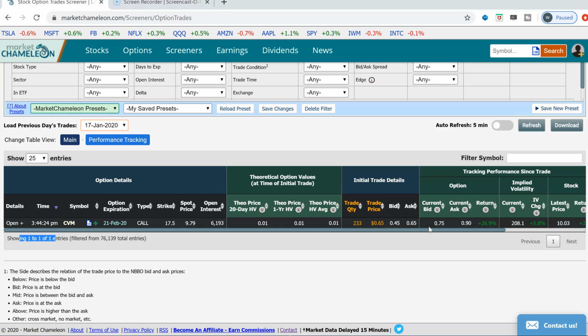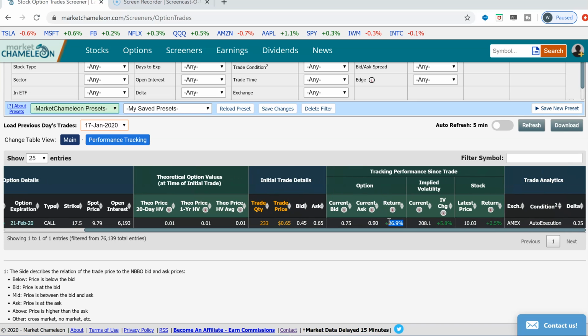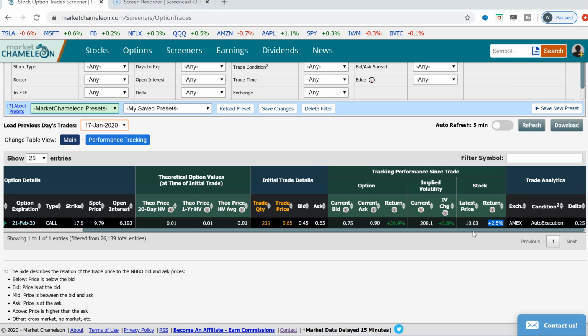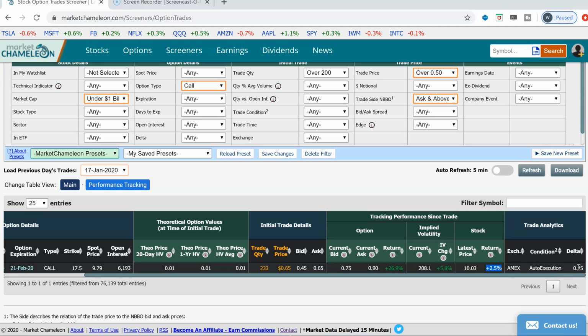You see, so this is how you could continuously look. So we see that this option traded at 65 cents. The market's 75.90 cents now. Option's up 26.9%. We see that the implied volatility is increasing, and the stock price has increased as well since that initial trade. And we also have the trade conditions here.